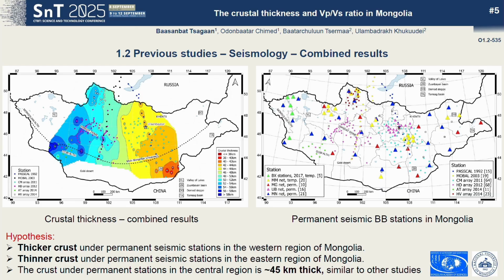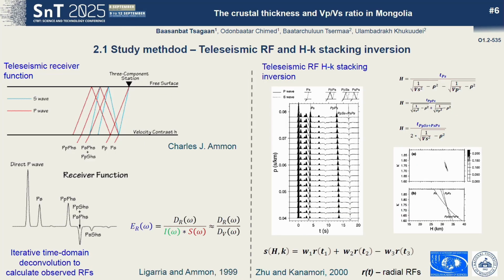Based on previous results, we assume the crust is thicker beneath seismic stations in western Mongolia and thinner beneath stations in the eastern region. We also assume the crust beneath central Mongolia is approximately 45 kilometers thick, which is consistent with other research done in Mongolia.